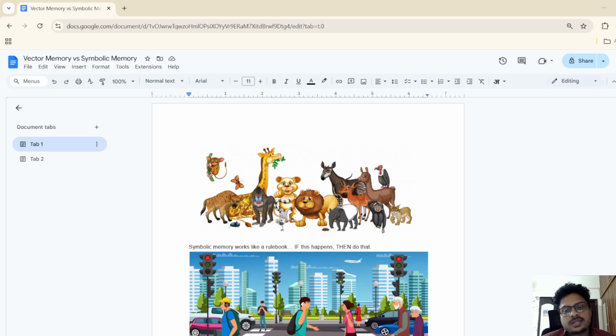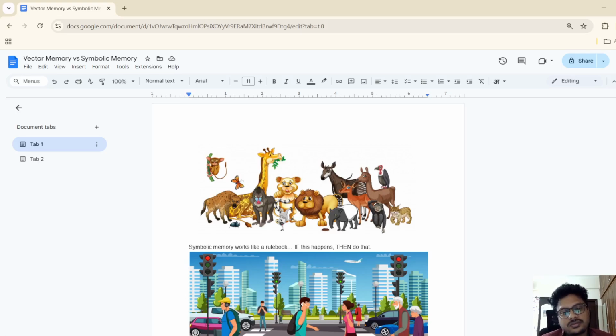You can see in the picture how we can remember things. There are multiple animals in one picture. By seeing the structure of the animal, we can say the long neck is the giraffe.